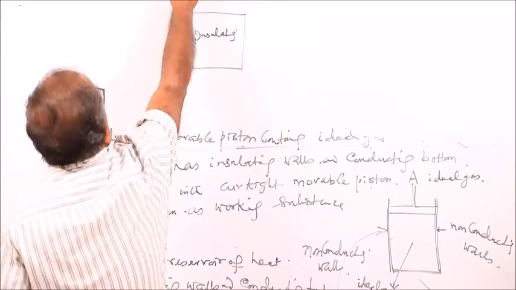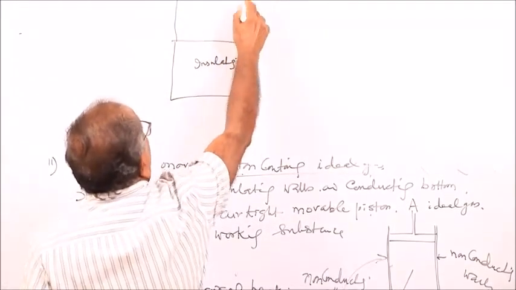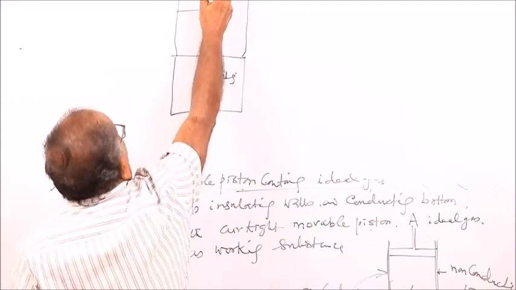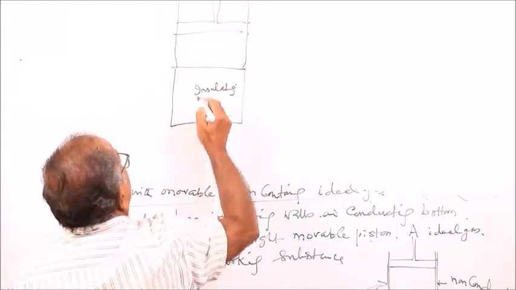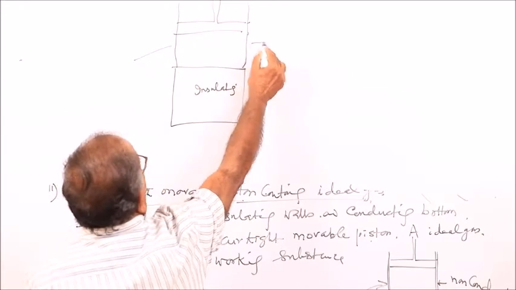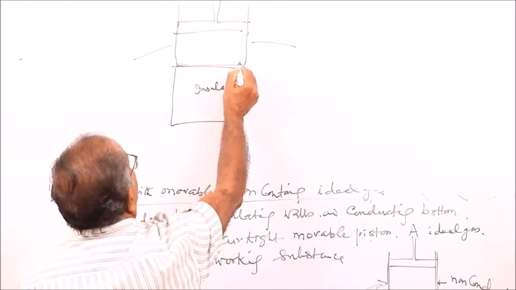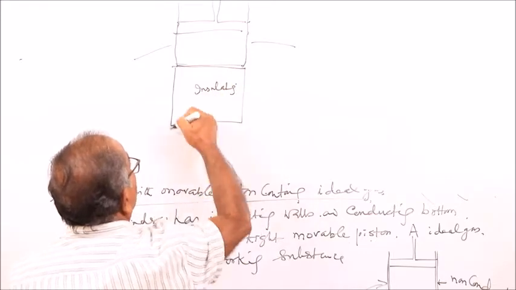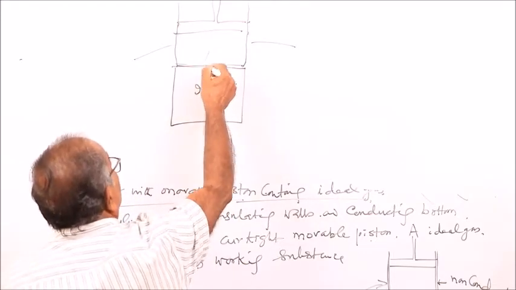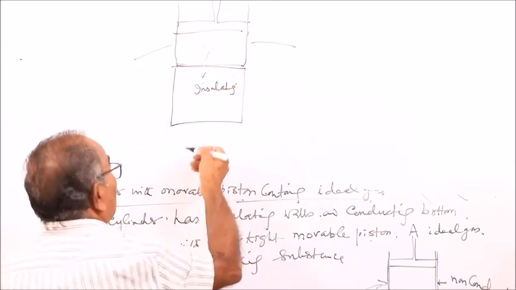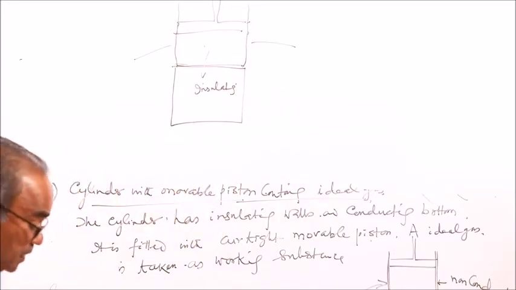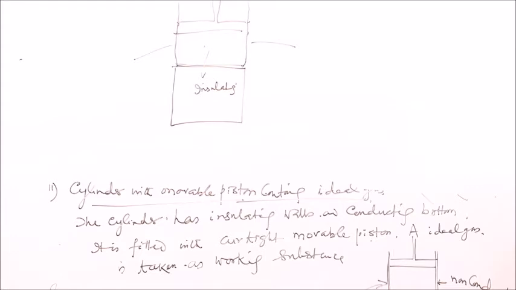Only it conducts heat on the bottom, but since it is placed over the insulating stand, no heat is transferred. So it does not receive heat or give heat to the surrounding. This is the working of the insulating stand.